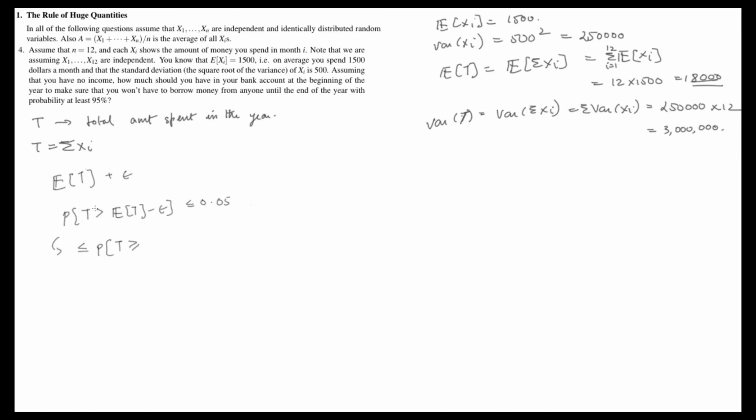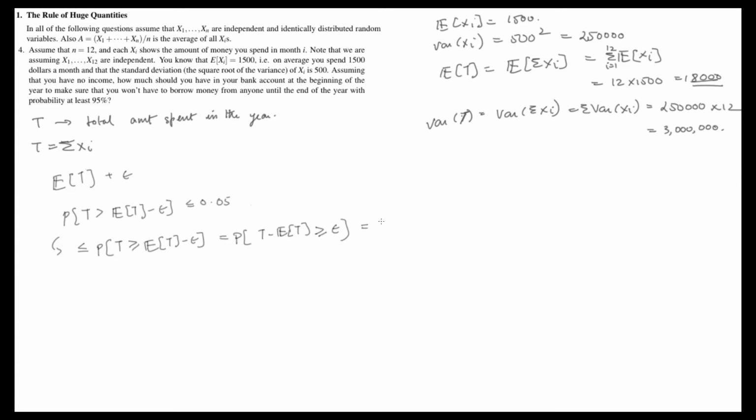If you're trying to bound the probability of t greater than something, then it's definitely going to be bounded by the probability of t greater than or equal to that same thing, which is equal to the probability of t minus expectation of t, no absolute value sign yet, greater than or equal to epsilon. So these are the same things.